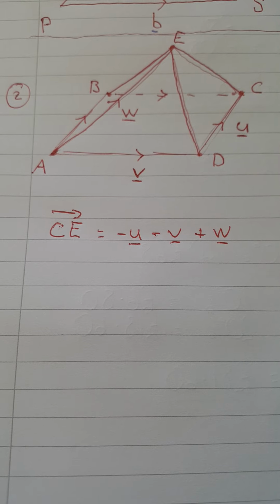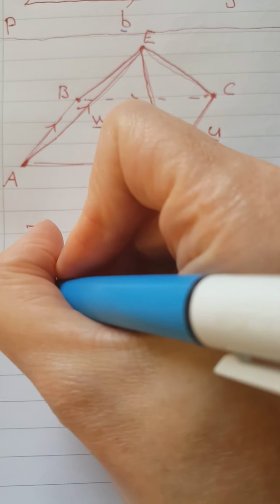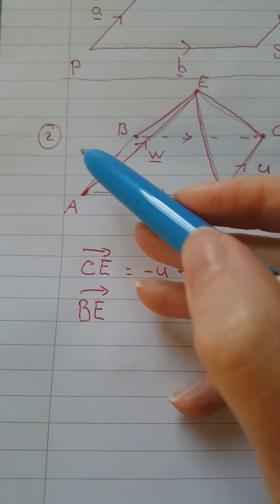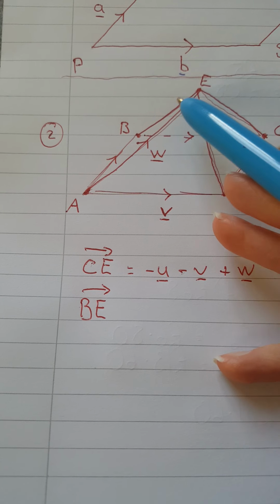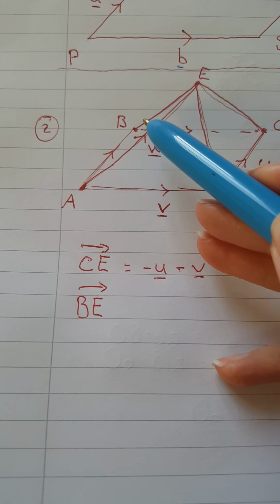Now, I could do the same if I wanted the vector BE. I can't go directly from B to E, I don't know what that vector is, but I can go a different route.